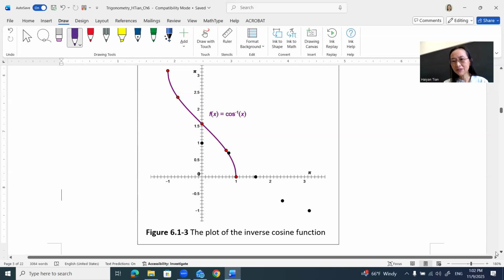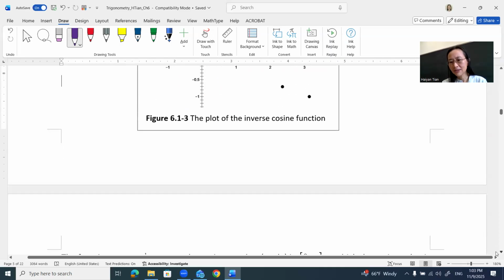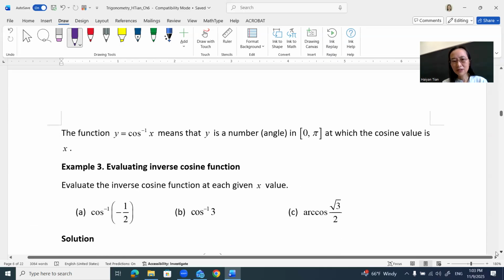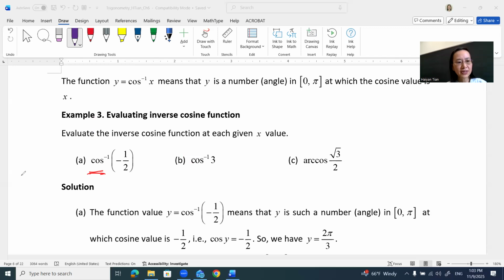And remember the sine function, when we restrict it over -half of pi to +half of pi, that part of the sine function was increasing. Its inverse was increasing as well. So the inverse has the same property as the original function in terms of increasing or decreasing. So let's evaluate the inverse cosine at some values, at negative half.